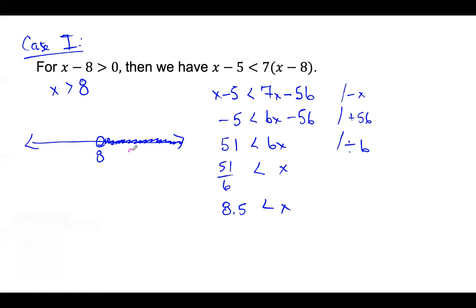So if we have 8.5 here, with an open circle, then this part here would be all the numbers greater than 8.5.